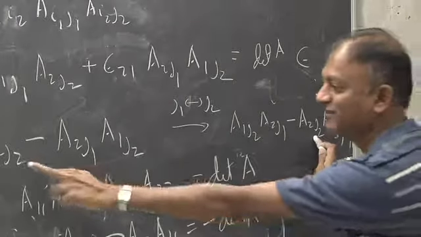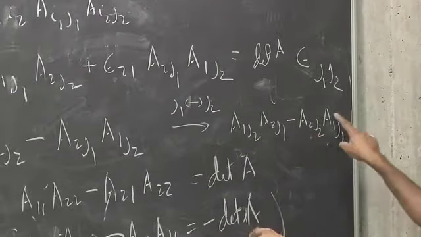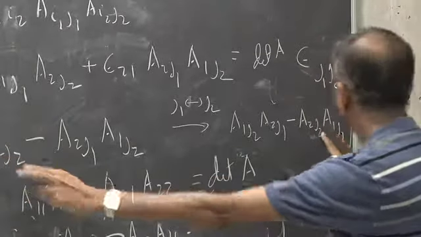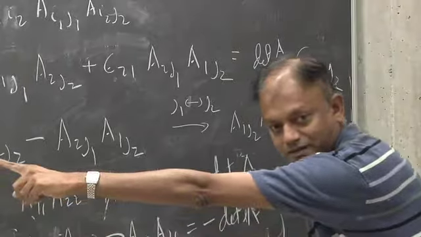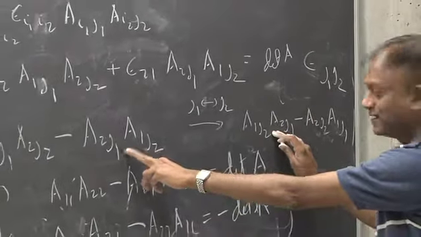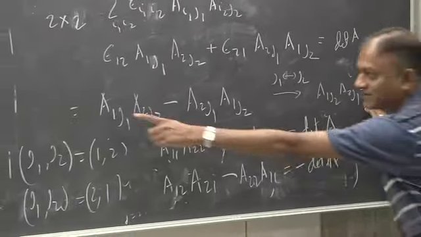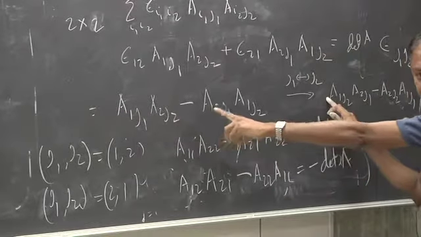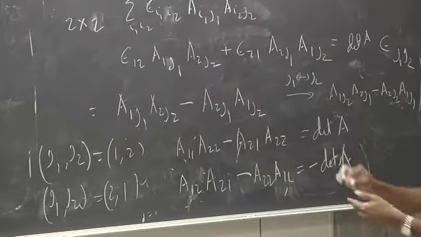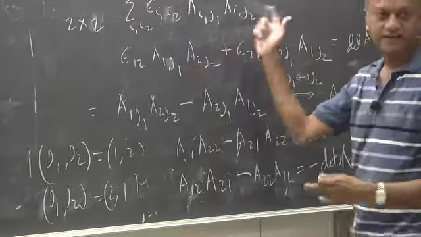But this is the minus of that because the second term is the same as the first term. This is A2, J2 times A1, J1. So the second term is the same as the first term, and the first term is the same as the second term up to a sign. Here it's a minus sign, this was a plus sign, and here's a plus sign, that's a minus sign. So when you exchange J1 and J2, it's antisymmetric, right? So whatever this is, it's antisymmetric in J1 and J2.